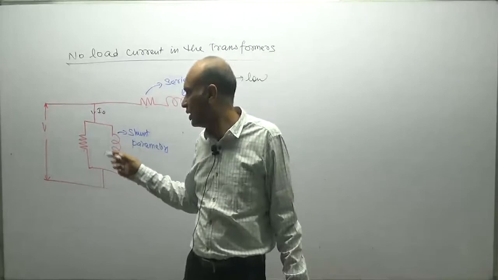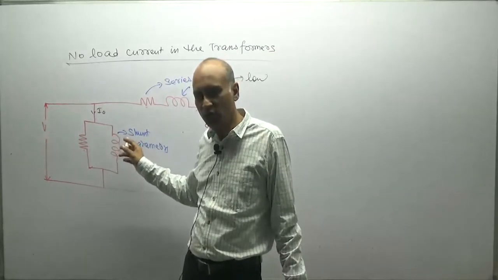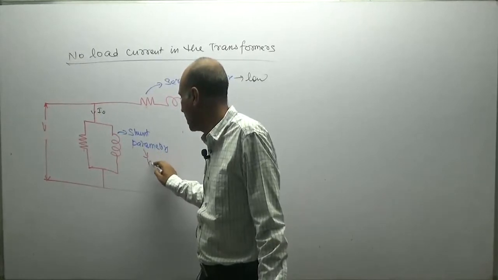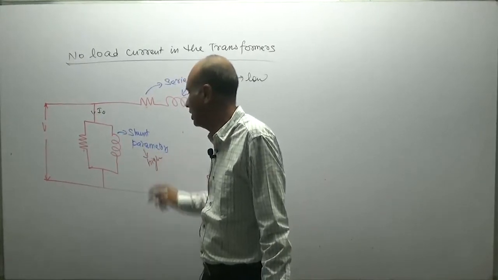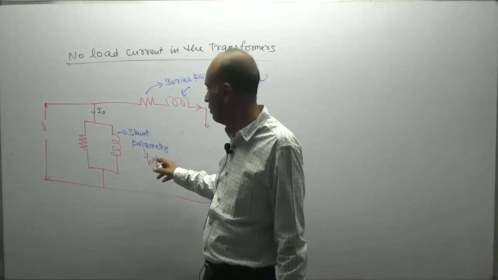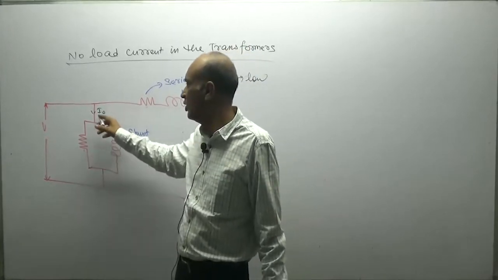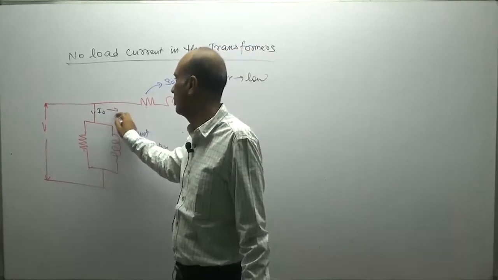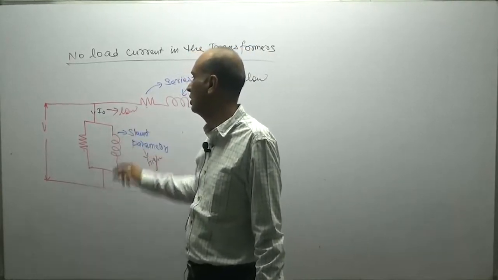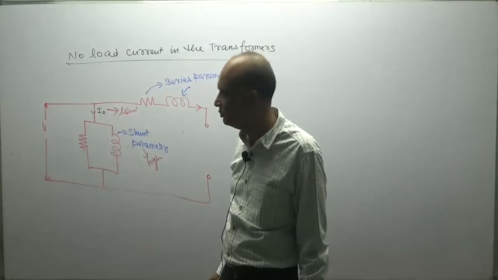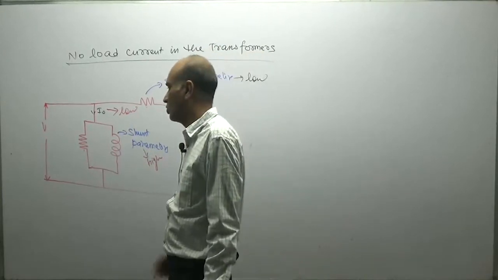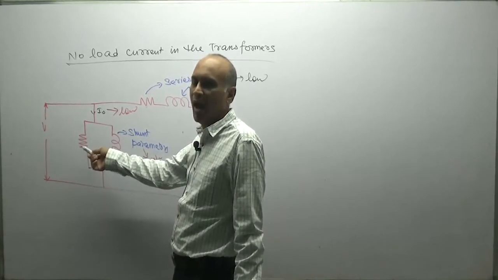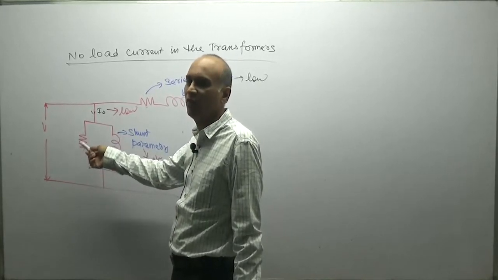In a good transformer, I have told you the value of shunt parameter should be high. And if the value of shunt parameter is high, then the value of this no load current will be low. So in a good transformer, its value should be low. I have told you, if this resistance is high, iron loss of the transformer will be low.